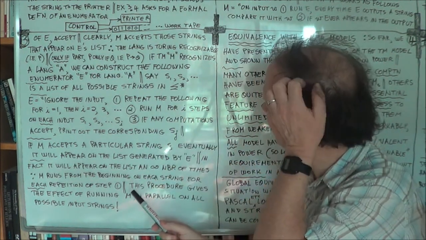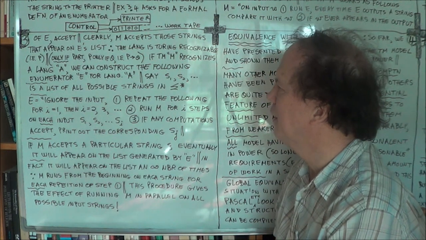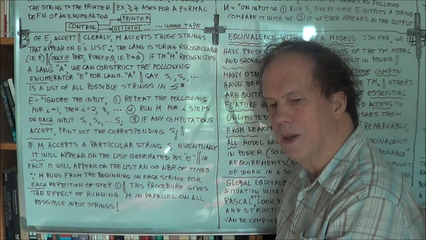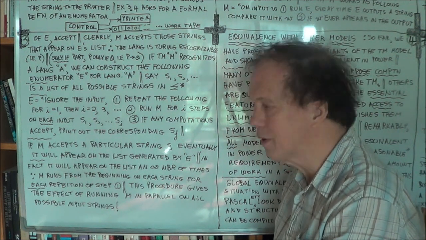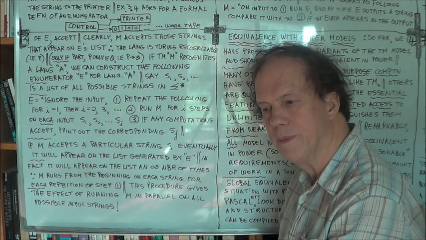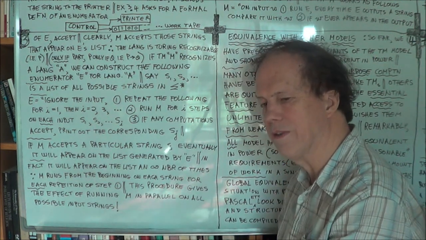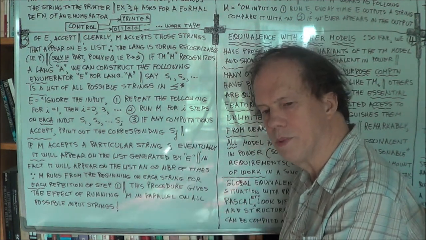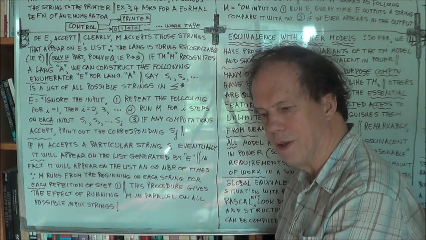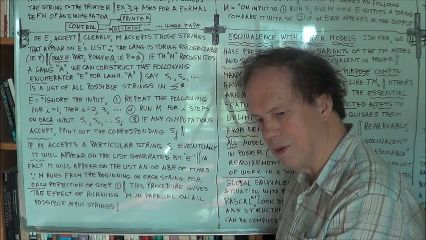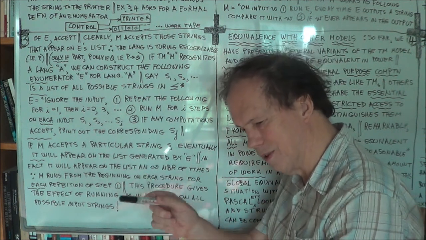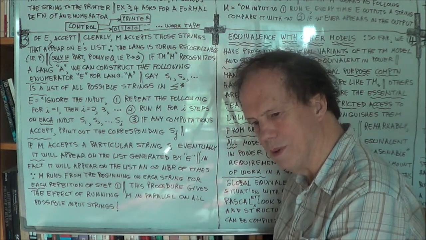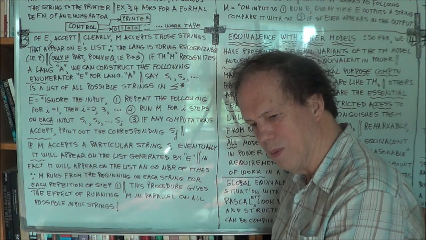So the strategy is just to generate effectively all possible strings, assuming a given alphabet, capital sigma. So that's assumed given. Then generate all of sigma star, all possible strings from that alphabet, starting with the empty string, epsilon, and then all possible strings with just one symbol.